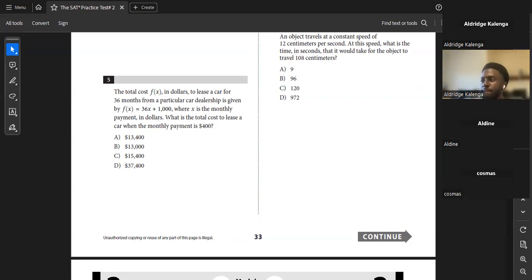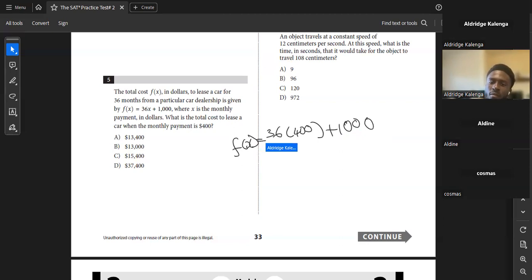The x is the number of monthly payments, which is then $400. So we just multiply 400 by 36 and then add that result to 1,000, equaling C. Exactly.